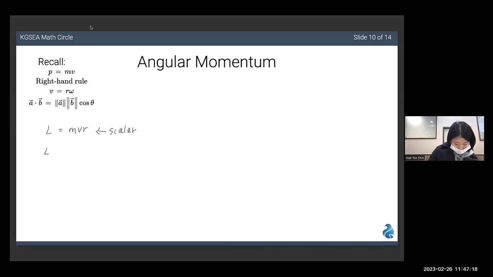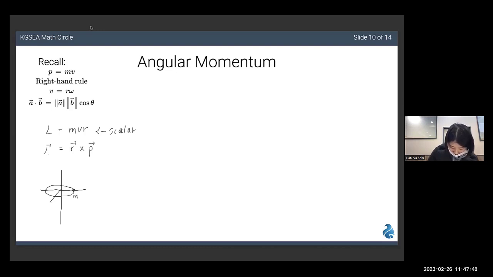So we're just going to do the same thing: r, the radius, cross p, the momentum. And so let's see where this equation we have here is coming from. I'm just going to draw angular momentum for you. So let's say that we have a mass here, and it's rotating.